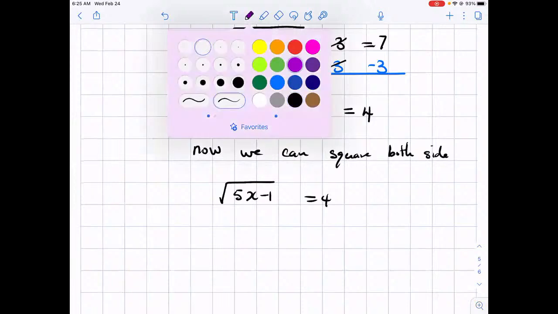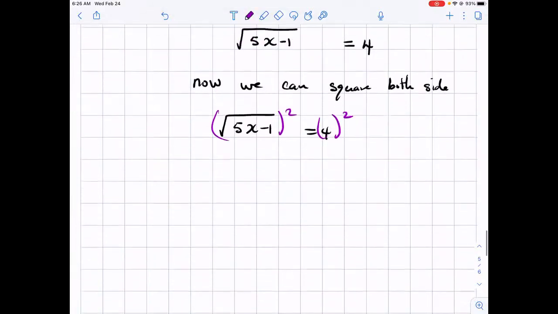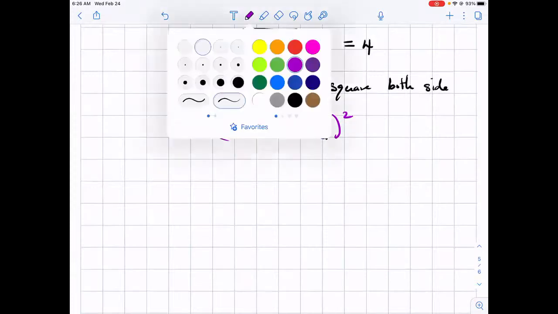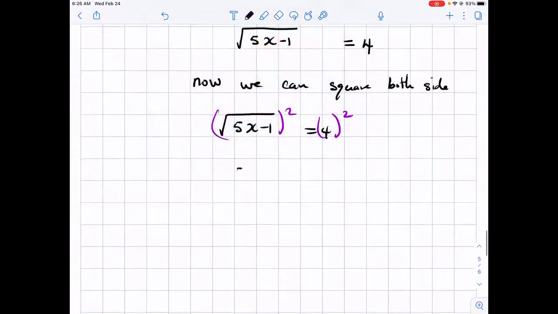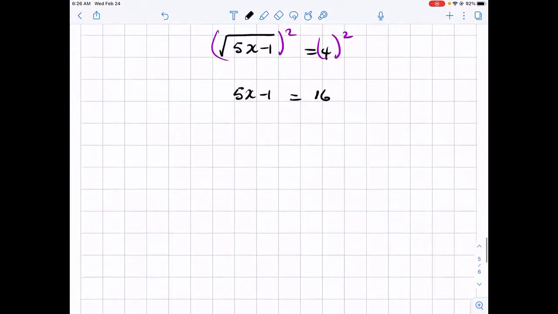We will now square both sides. By squaring, we know that the square and the square root will cancel out, as we say. 4 squared is 16. We will add 1 to both sides.